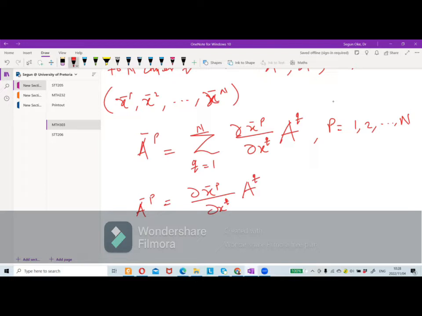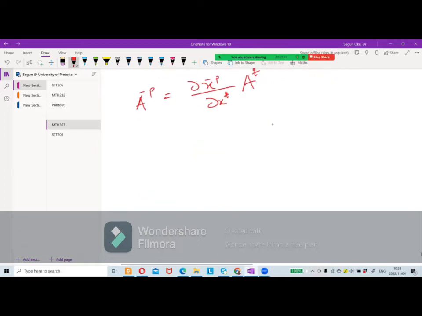But for covariance, it's also similar, but they're different.